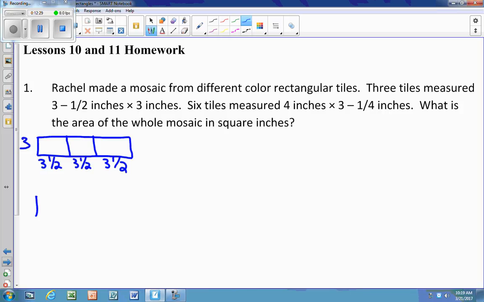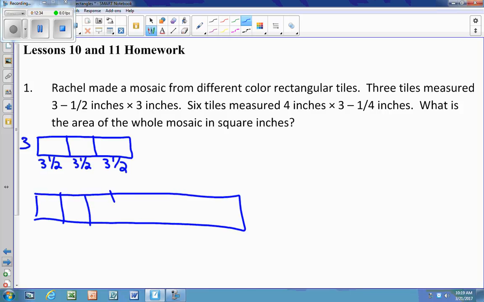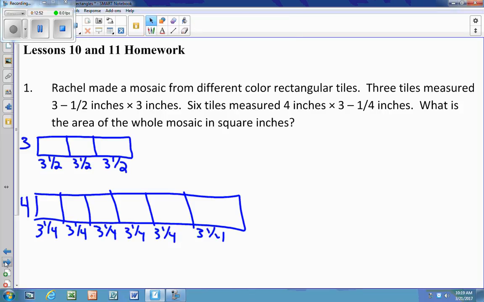And then we have the other tiles, and each of these tiles, there's 6 of them, they are all 3 1/4 inches times 4. So now I'm going to look at this, and I'm going to add this all up.